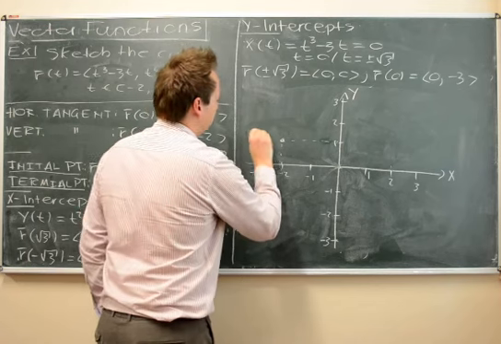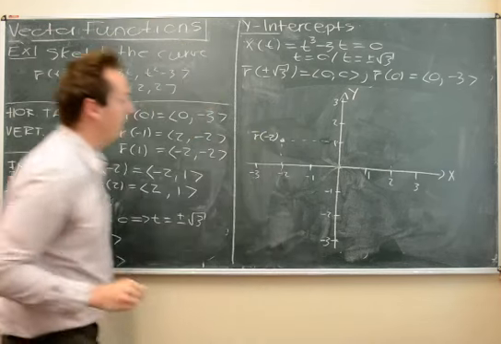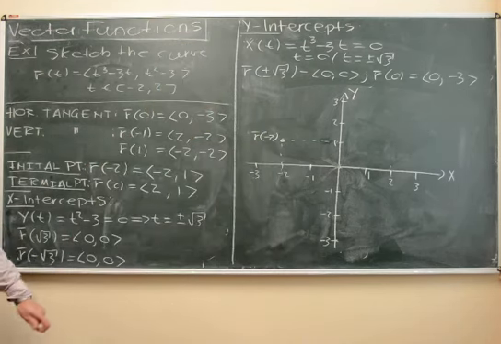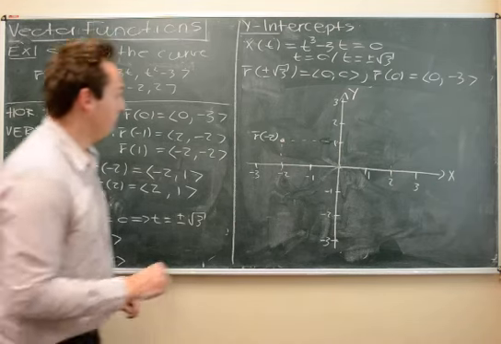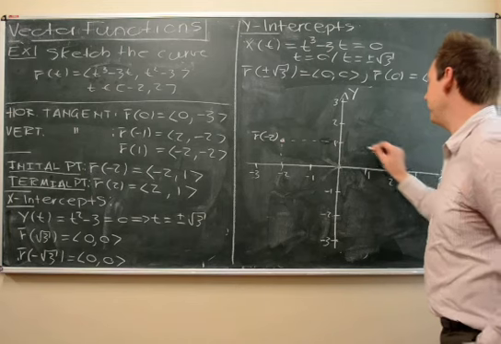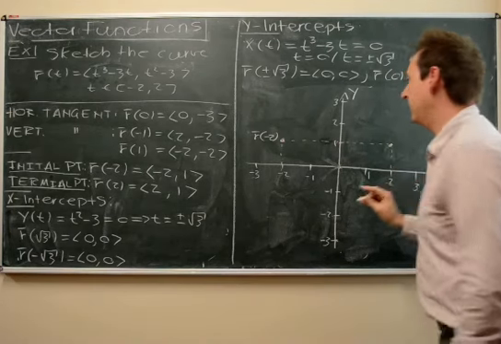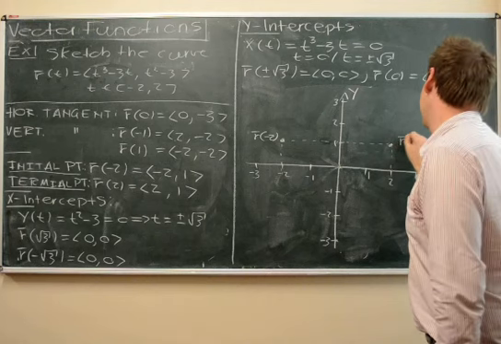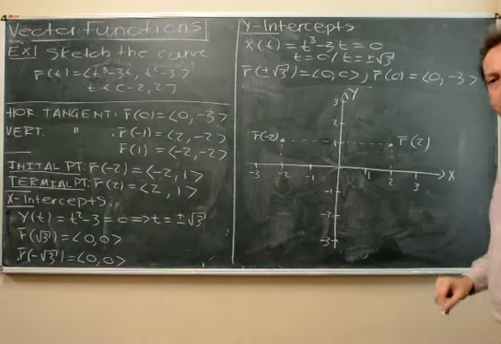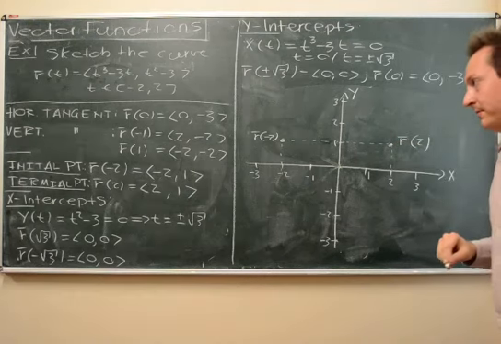There we have our initial point, r of -2. That's where the curve will start. Our terminal point, r of 2, gives us (2, 1). That's where we'll finish. And now we just plot all the points in between.